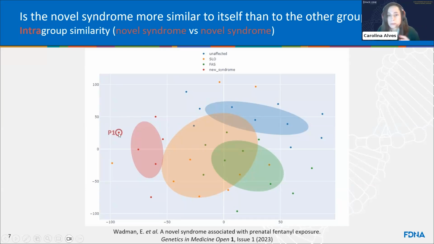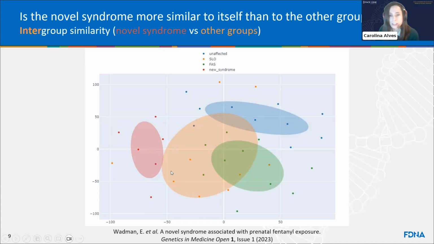What this means is we take, for example, this data point from the potential novel syndrome, and we calculate the cosine similarity with basically every other point within the novel syndrome. Then we repeated this process for the second data point, calculating the similarities that were not previously covered, and so on with the remaining data points. So this is the intragroup similarity, where we are comparing the novel syndrome to itself.